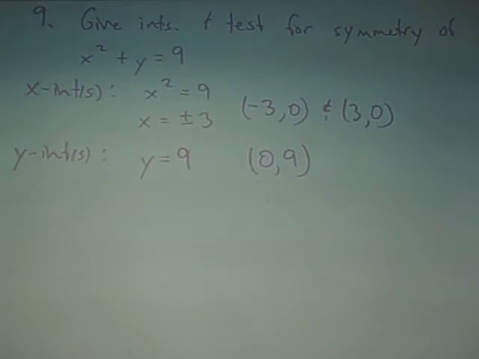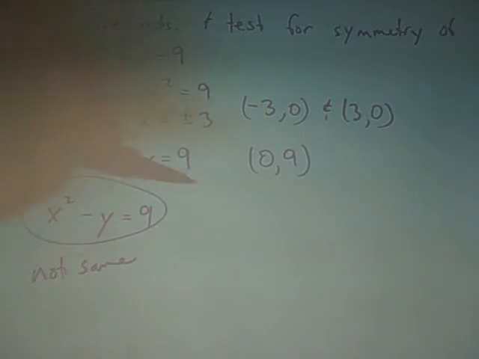Test for symmetry. Recall that when we test for symmetry of the x-axis, we replace y by -y, and then we check to see if that is going to be the same. That's obviously not the same. So since this is not the same as the original, we do not have symmetry with respect to the x-axis.